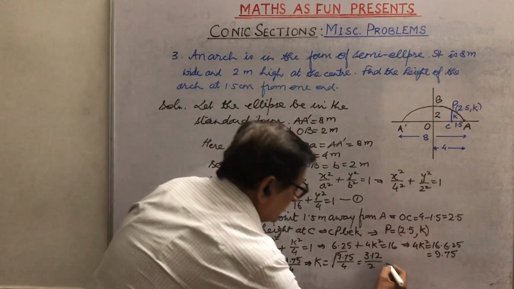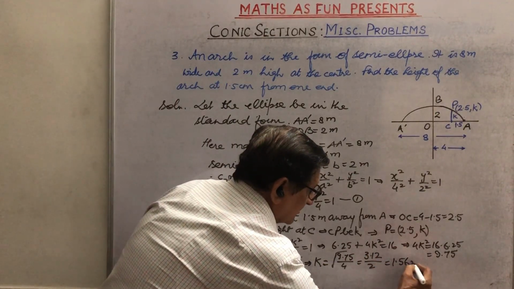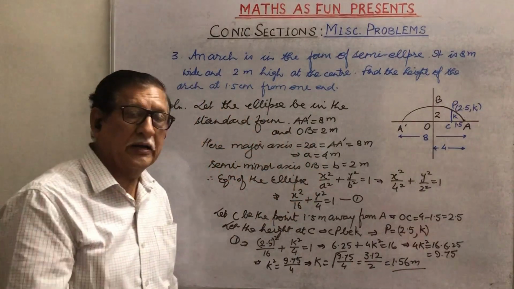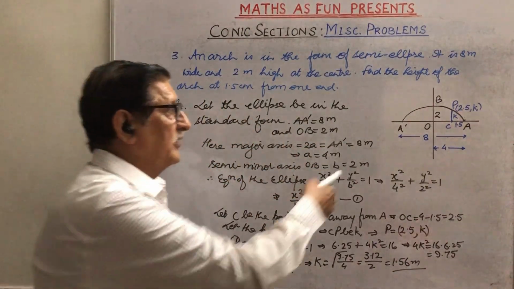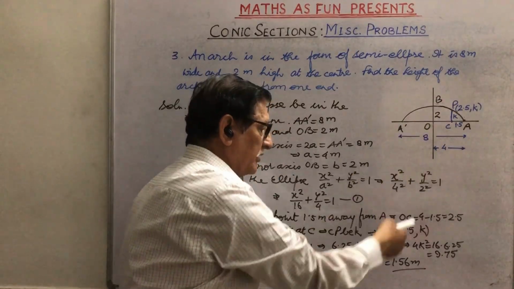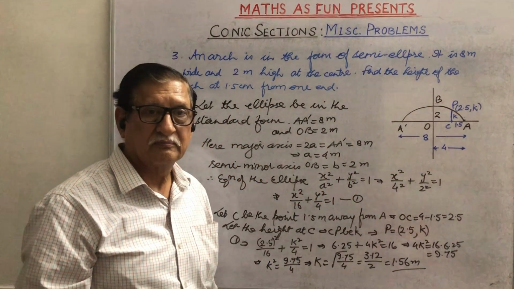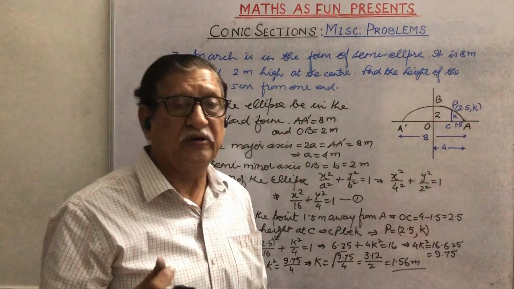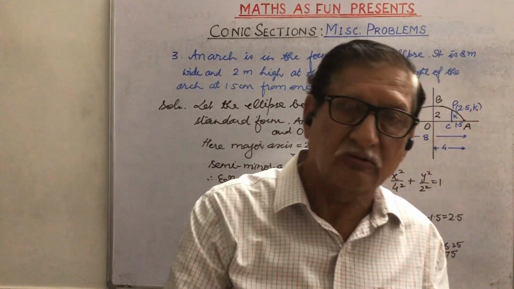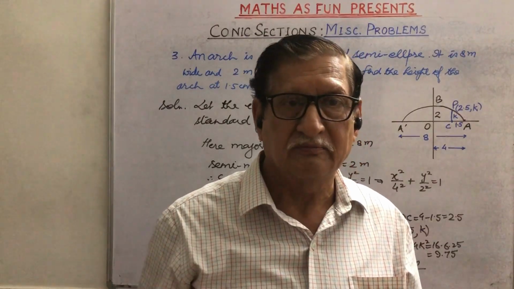If we divide by 2, it gives us 1.56 meters. It means the height at 1.5 meters from one end is 1.56 meters. This is the way we can find the solution of any problem which is based on the conic sections.